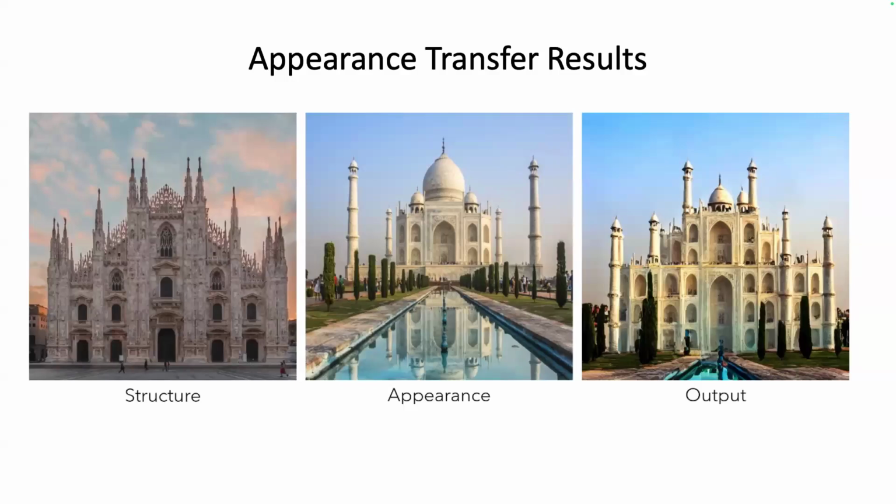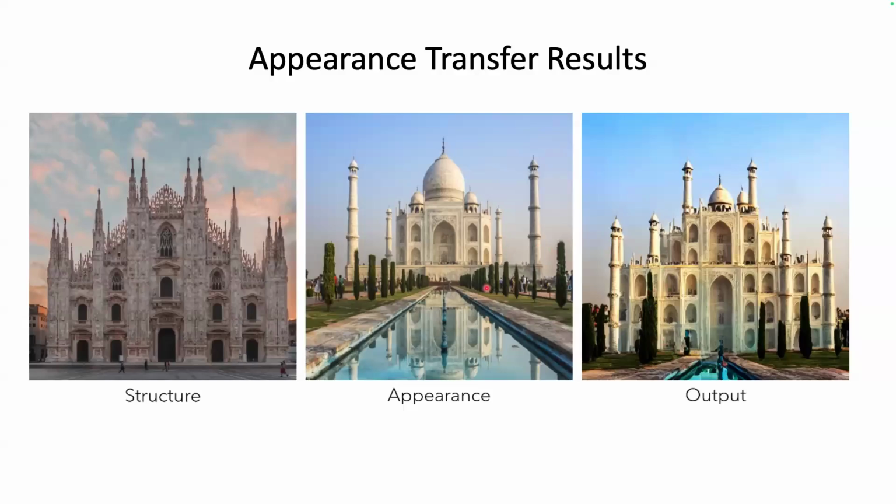Everything related to evaluation is pretty difficult and problematic, because you can always find adversarial examples for any metric that you define. Specifically here, we wanted to preserve the structure, so we measured the LPIPS between the structure of the output image and the input image.